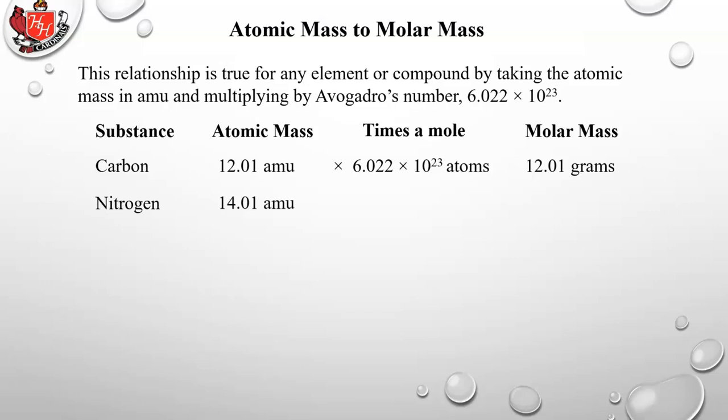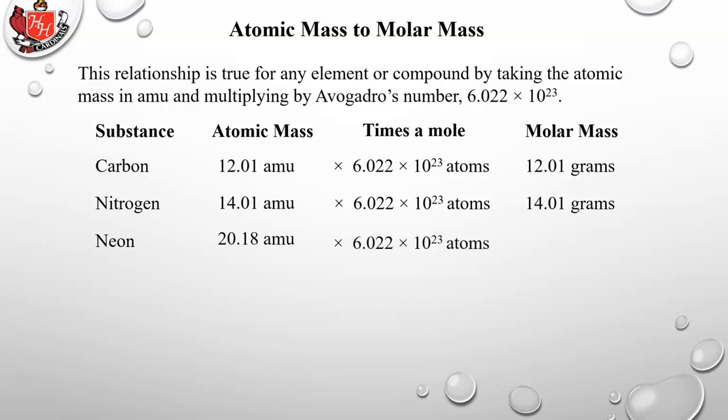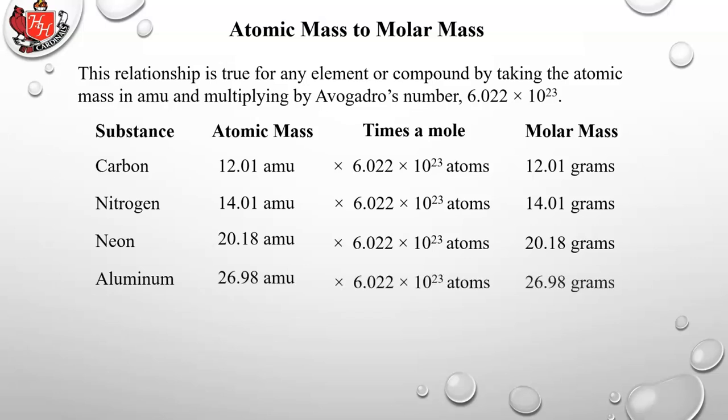Nitrogen, 14.01 from your periodic table, multiply that by a mole, and you get 14.01 grams. Neon, 20.18 AMU from the periodic table, multiply that by a mole and you get 20.18 grams. Aluminum, 26.98 AMU, multiply by a mole, 26.98 grams. Sulfur, 32.07 AMU, multiply that by a mole and you get 32.07 grams.